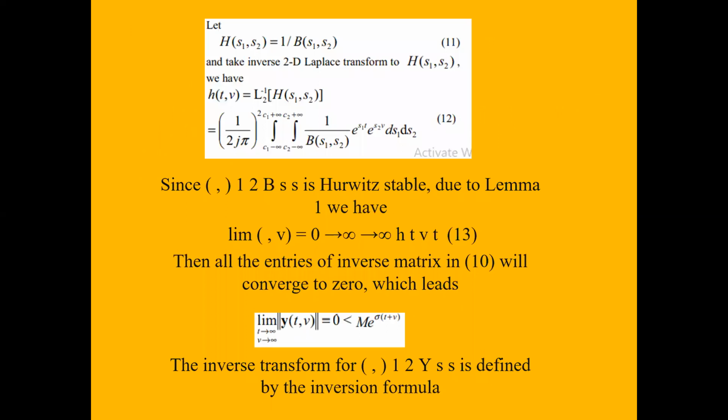Then let h of s1 comma s2 be equal to 1 by b of s1 comma s2, and taking the inverse 2D Laplace transform of h of s1 comma s2, we have h of t comma v equal to L2 inverse of h of s1 comma s2.